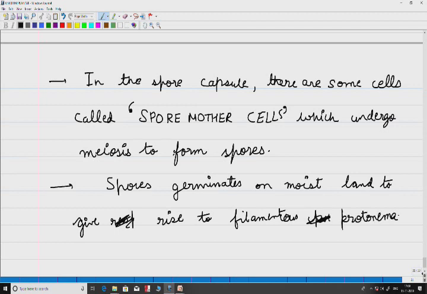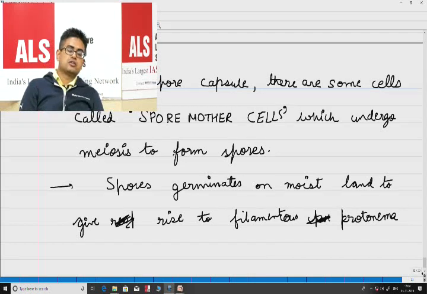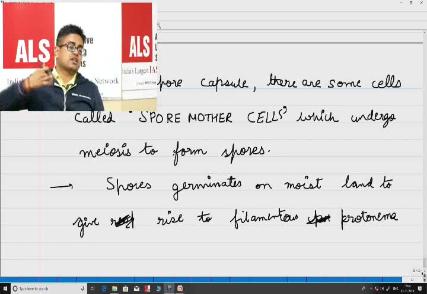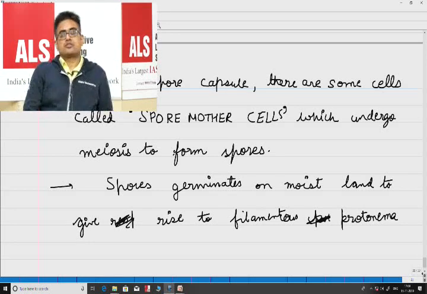Now protonema can be of many types: primary, secondary, tertiary. When moss undergoes fragmentation, it forms many multiple fragments. All these multiple fragments grow into fresh plants, fresh filaments, fresh protonema. This protonema is again scattered by the wind action into new partitions.